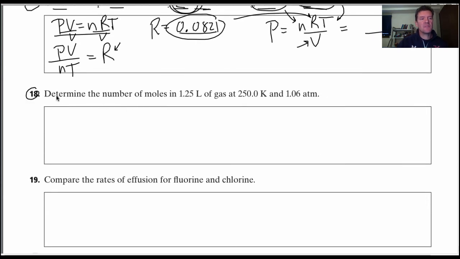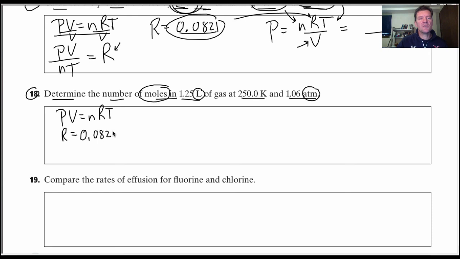Number 18. Determine the number of moles. Anytime you see moles, you're going to use PV equals nRT, in 1.25 liters of gas at that temperature and that atmosphere. Same thing, PV equals nRT. And notice it's liters and atmospheres, so our R value is 0.0821.